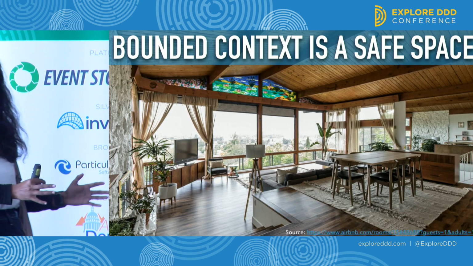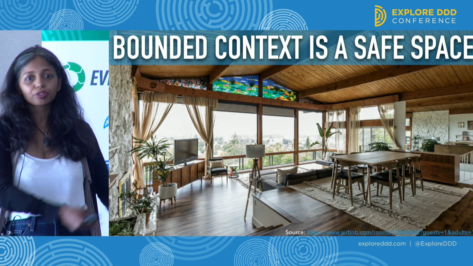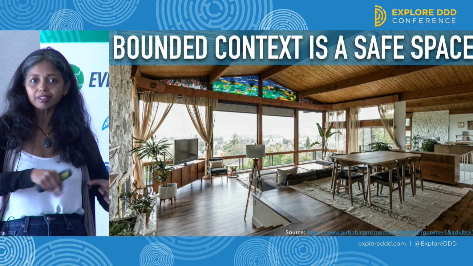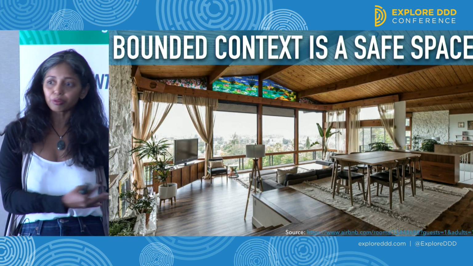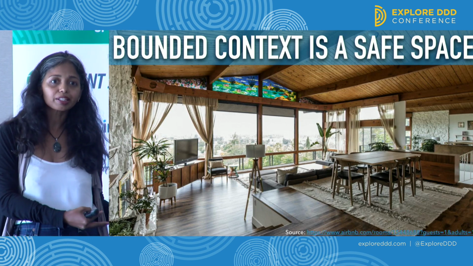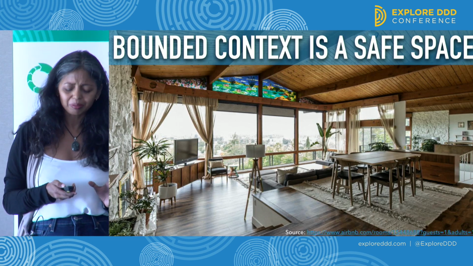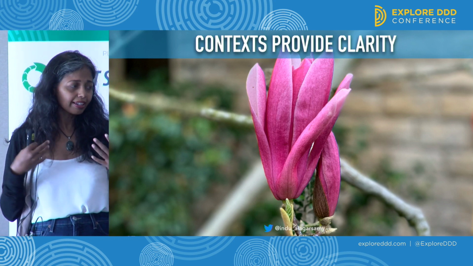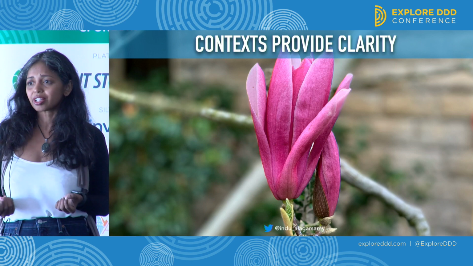And in this team, for the sales, weight actually means the display weight. You don't need to have any qualifiers or anything. Your models are much cleaner, and they use the language of your domain experts. So by having these clear boundaries, you have clarity in the language, and you also have freedom to change things.